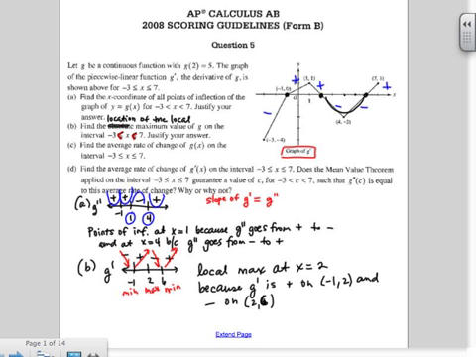All right, C. So it says find the average rate of change of g of x on the interval -3 to 7. Okay, so average rate of change, we learned that really early on in the year. So average rate of change for g of x, I usually write ARC, is g of 7 minus g of -3 all over 7 minus -3.